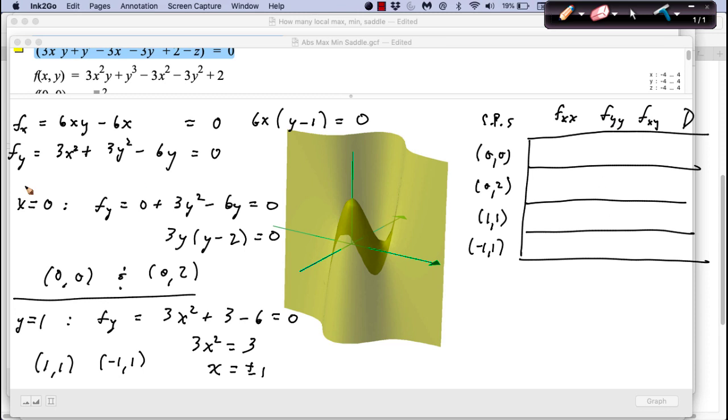You've got to find the second derivatives, find this one with respect to x, this one with respect to y, and then plug in your values of x and y and get all these second partials. Use the formula to get D, and then based on what I told you about D, determine if it's a saddle or not. And look, 4, just like we predicted: a local min, a local max, 2 saddles. That's 4 critical points. Okay?